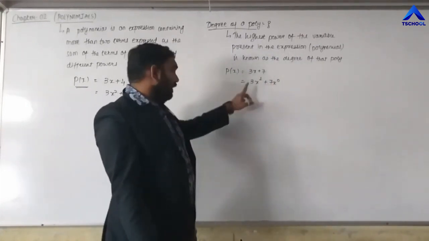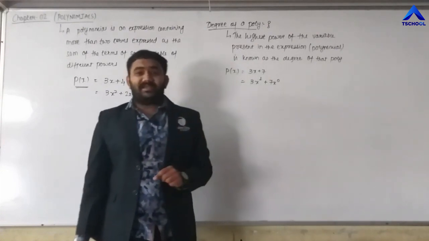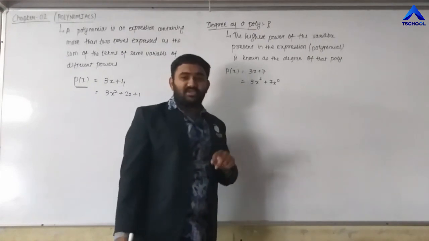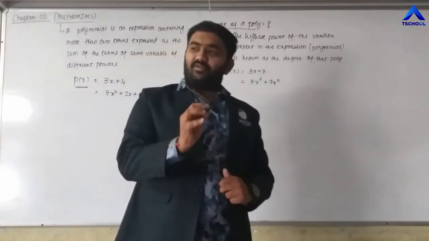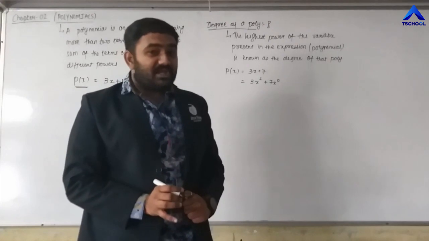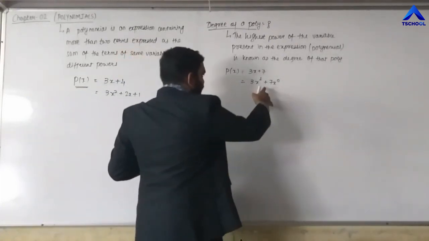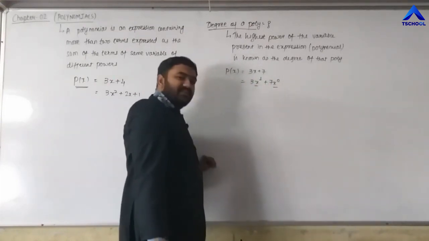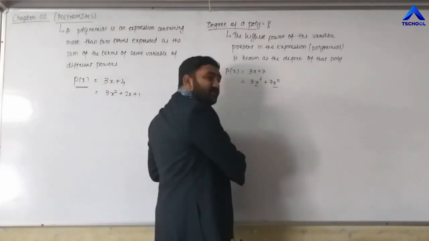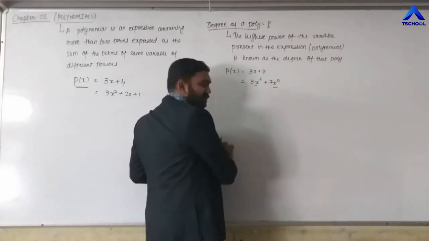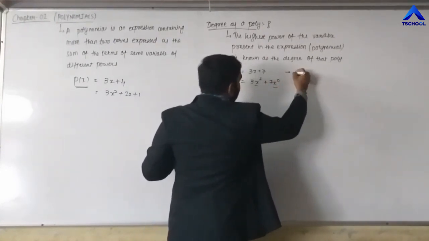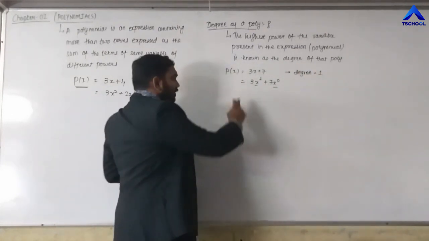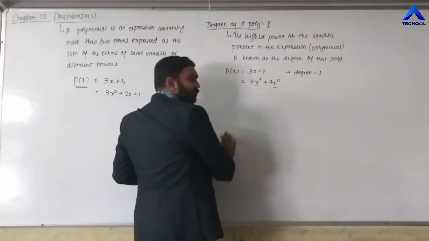Note that 7 is a constant term, but the constant term is written with x raised to 0, as any number or variable having a power 0 is equal to 1. So that will be 7x raised to 0. The powers present here are x raised to 1 and x raised to 0. Now look for the highest power: it is x raised to 1. So this polynomial has degree 1.